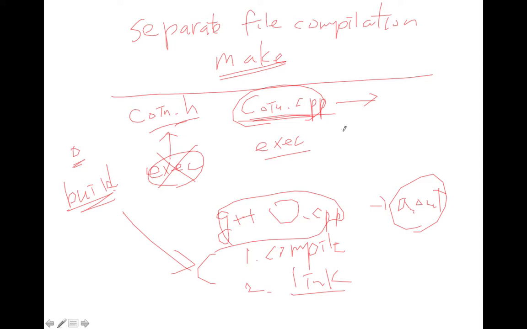In a very simple program in main.cpp, if you did cout hello world, your code simply says cout, but you have never written code for cout yourself, right? So you use it from the library. Your code is compiled, and then finally your compiled code is linked together with a library, the iostream library.